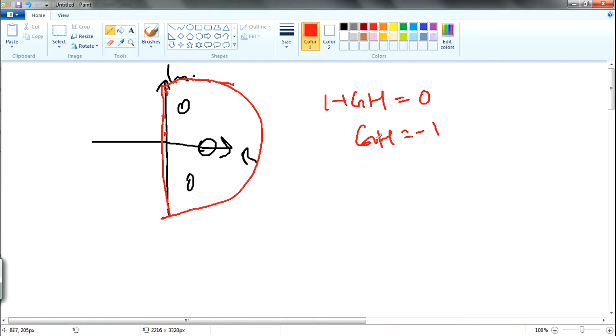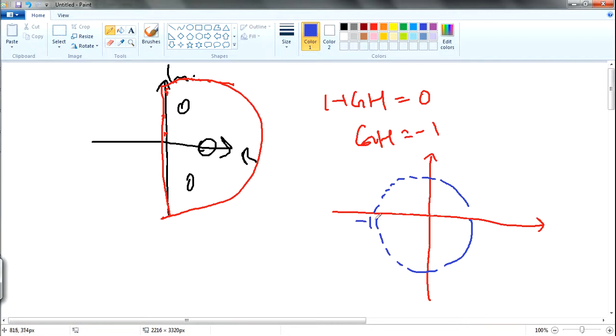This portion is also not clear, but it helps us determine the true meaning of negative 1. This is negative 1, this is 1, so there's radius 1. If your Nyquist plot is somewhat like that, you are safe, you are stable.